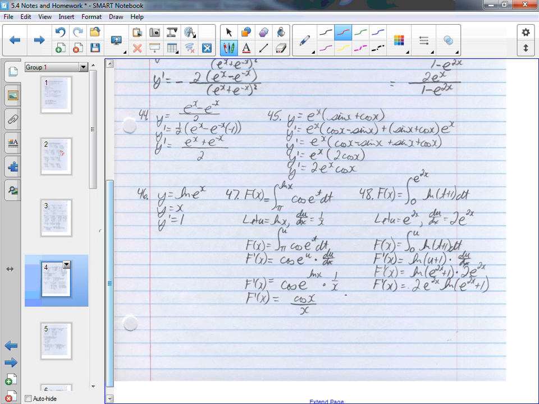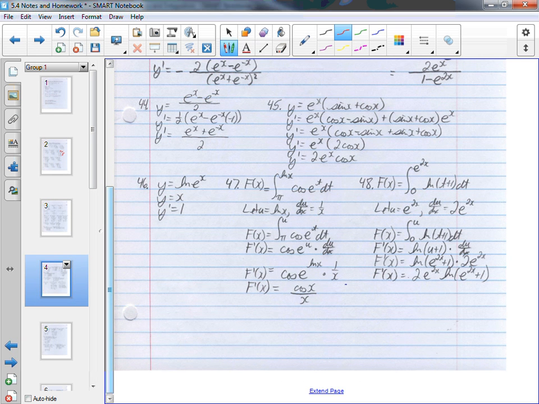Now, I've worked out every little step here, but if you recall, we got to the point where we could do these things in just a couple steps, okay? And here's how we did it. We would say that f prime of x equals, all right, then it's f of u times the derivative of u, okay?